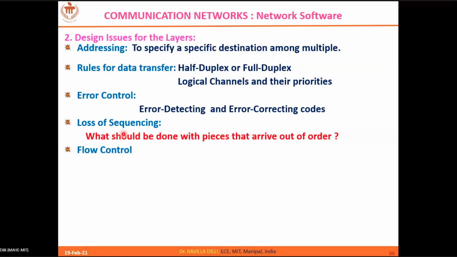The next one is a flow control issue. How are we going to address a sender and receiver where the sender is so fast and the receiver is not at that level? For example, I am teaching at a fast level, but your grasping is not at that level, then there is a mismatch, so there is data loss.